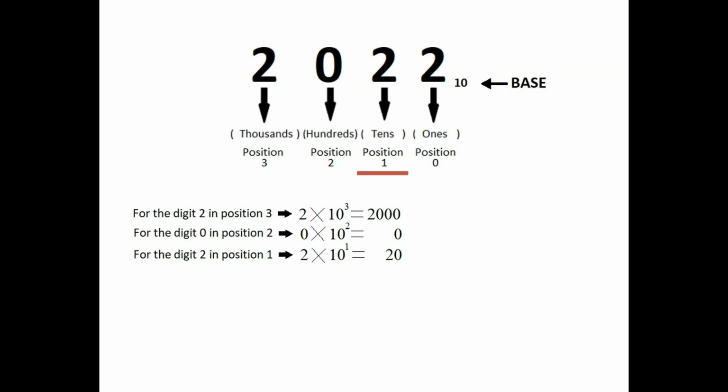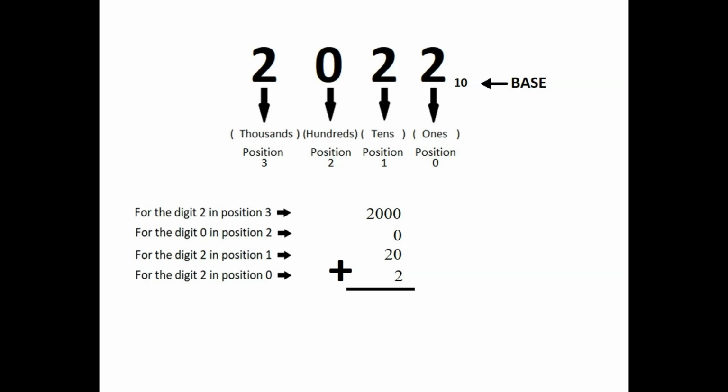For position 1, 2 times 10 to the power of 1 is 20. And for position 0, 2 times 10 to the power of 0 is 2. So if we take the place values for all the positions and add it all up, it's 2022.